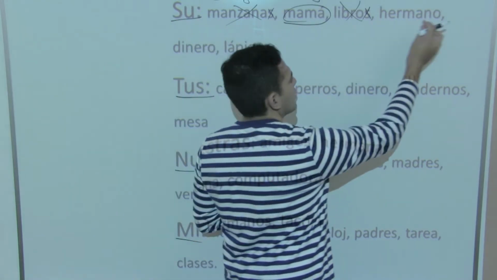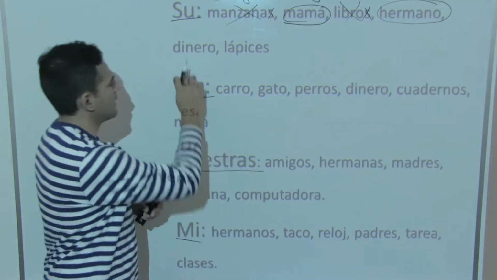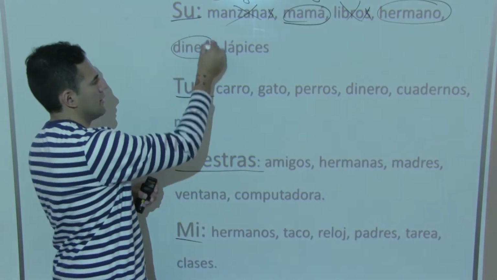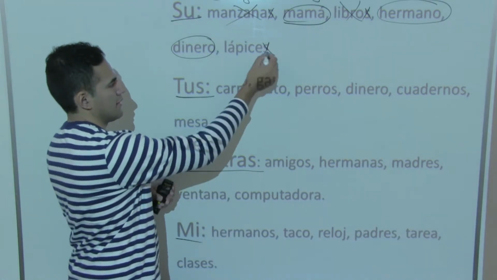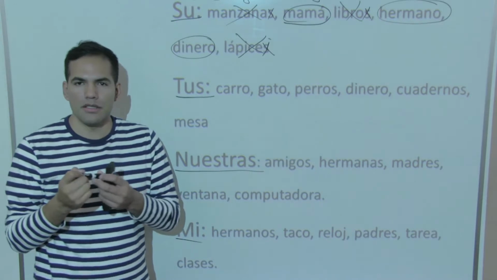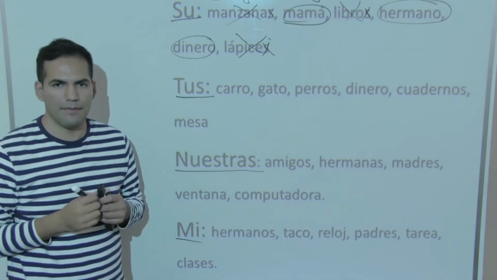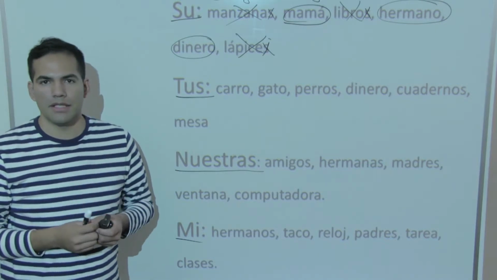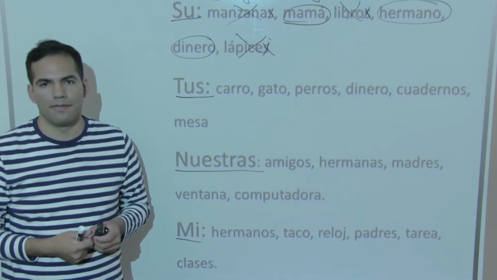Su hermano, it works because it's singular. What about here? Su dinero, it works because it's singular. And lápices, no, because it's plural. So that doesn't work, okay? So I want you to do the same thing with the next group of words, okay? So you can pause the video now, work on them, and then press play when you're ready.